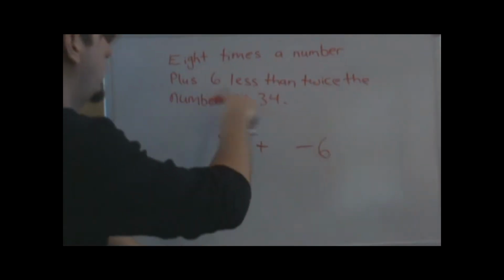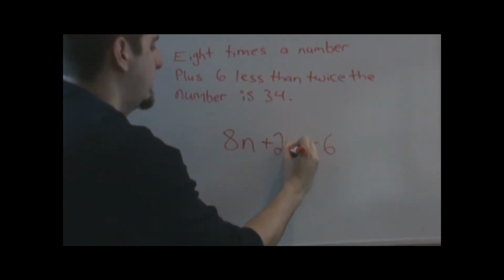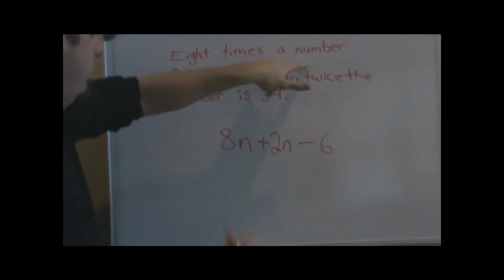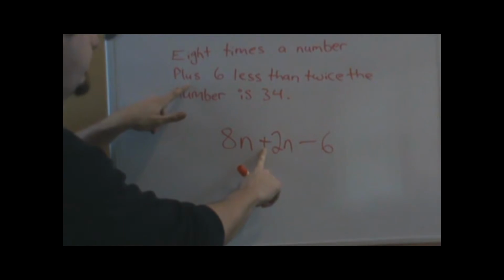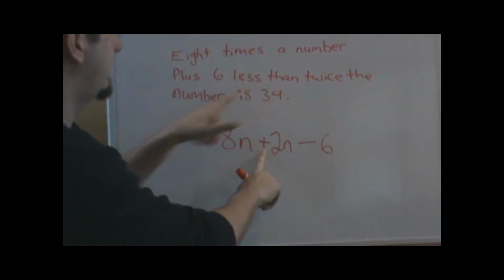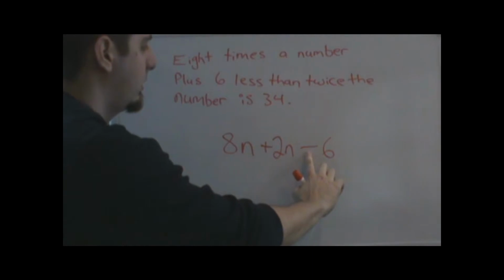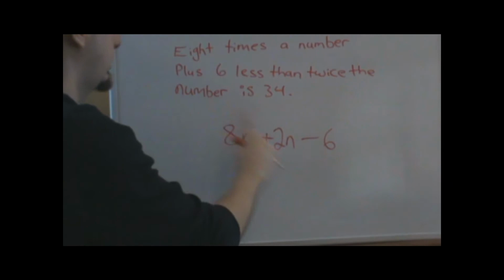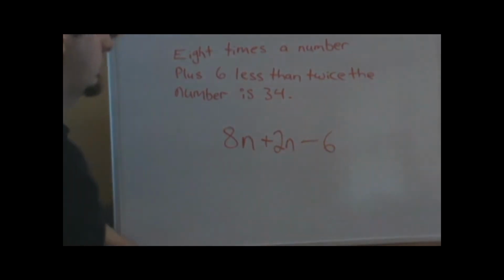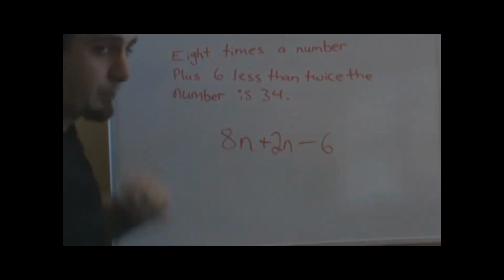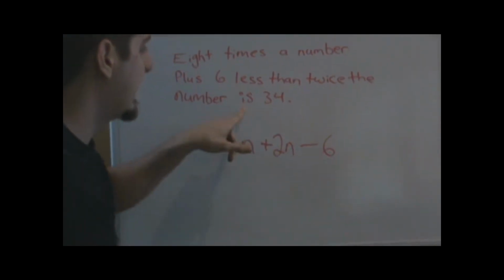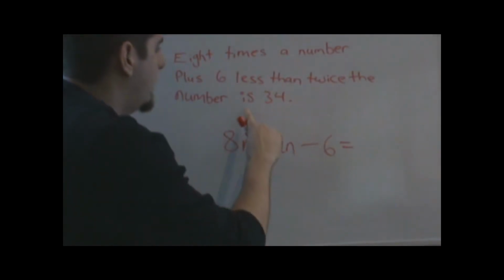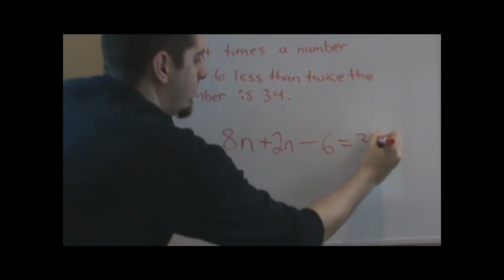So 8n plus 6 less than twice the number: here's twice the number, less 6, or minus 6. Again, the order was flipped. Twice the number comes first, 6 comes second. Is. This is a word we haven't touched upon yet. Is means equals. So is 34.